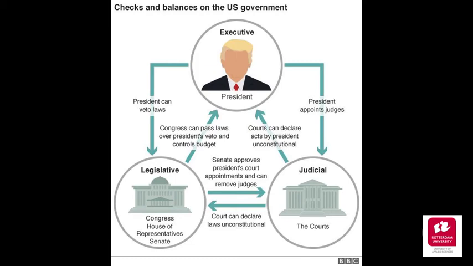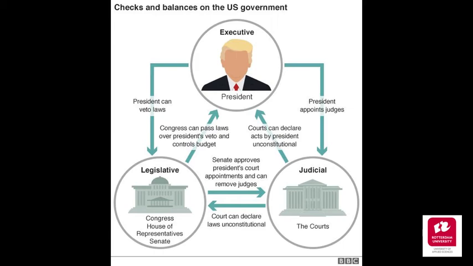So for a bill that comes from the House of Representatives and the Senate, they come together, they agree, they send it to the president, and he can either veto the bill or sign it and make it into law. And if the president refuses to sign this, then Congress can come back and override his veto. Also, if they believe that the president is breaking the law, they can impeach the president.